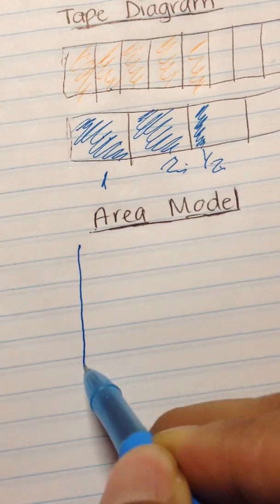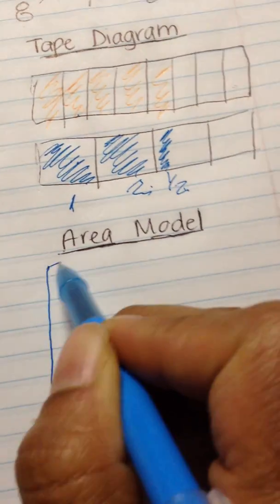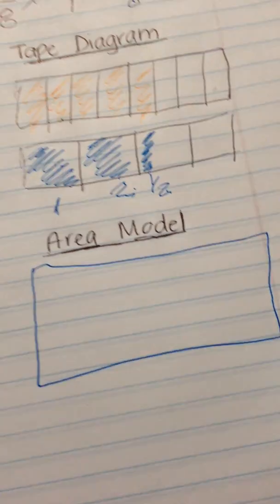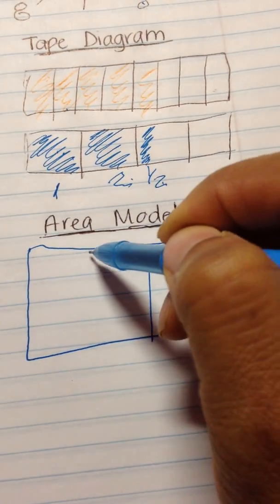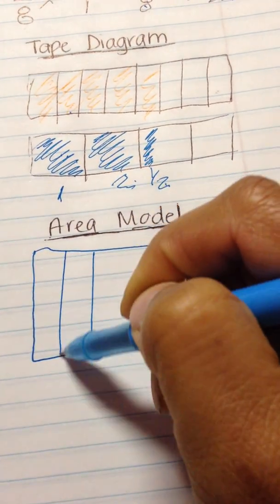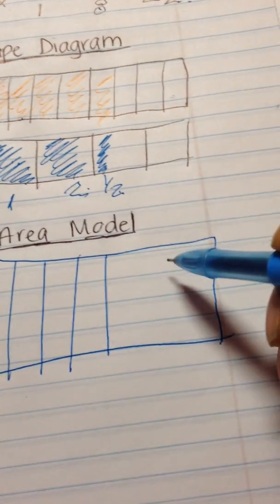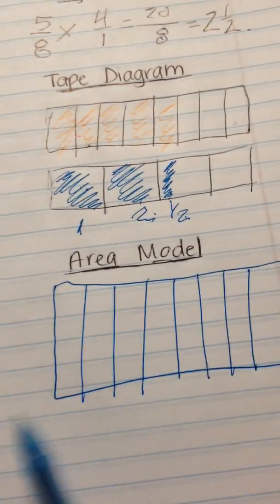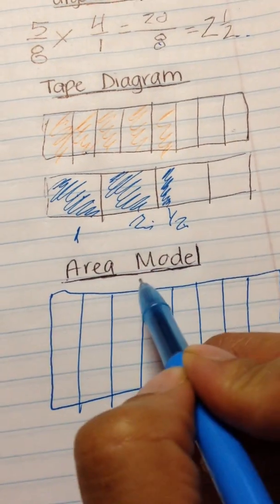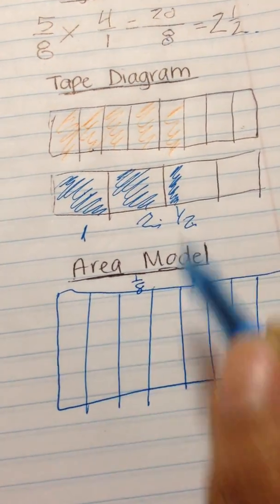So we're going to draw our box. And it doesn't have to be perfect, but we're going to divide it into 8 columns. So going down, dividing it into 8. Okay, so we have 8 columns. So just remember that each one of these columns is considered 1/8.